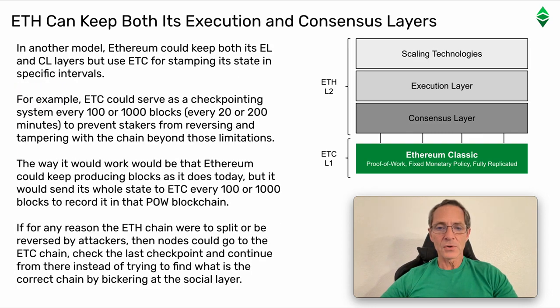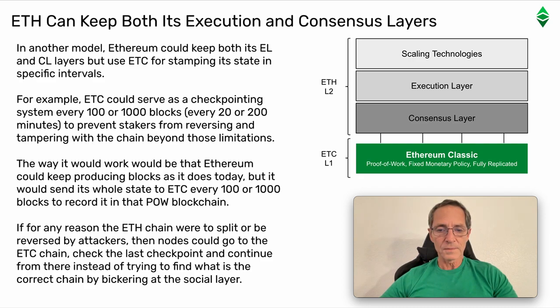Ethereum can keep both its execution and consensus layers. In another model, Ethereum could keep both its EL and CL layers, but use ETC for stamping its state in specific intervals. For example, ETC could serve as a checkpointing system every 100 or 1000 blocks, every 20 or 200 minutes, to prevent stakers from reversing and tampering with a chain beyond those limitations.